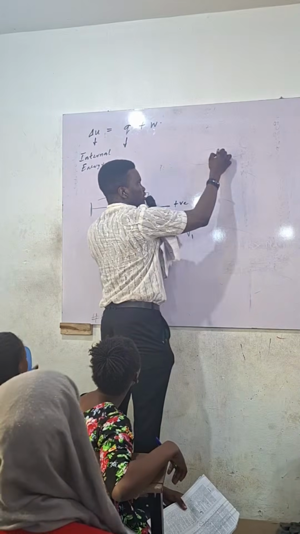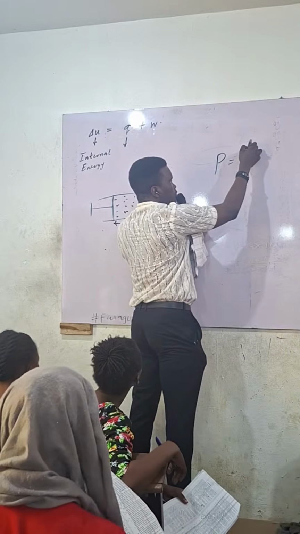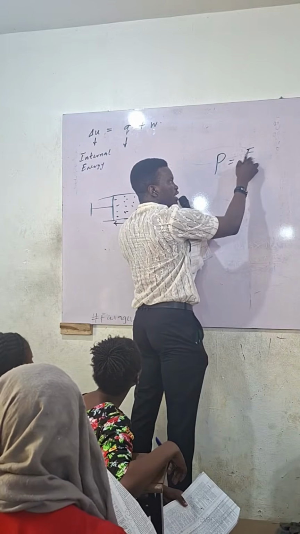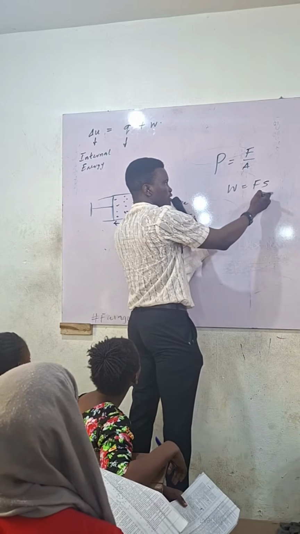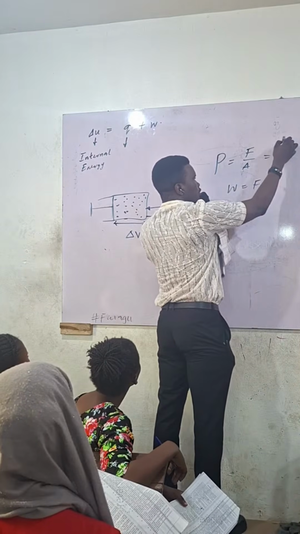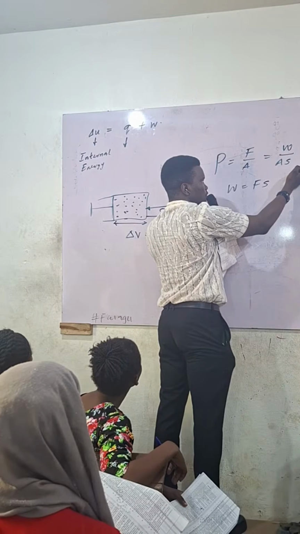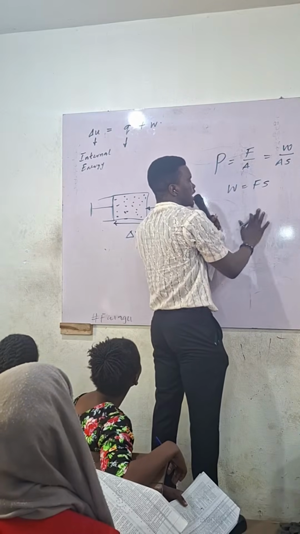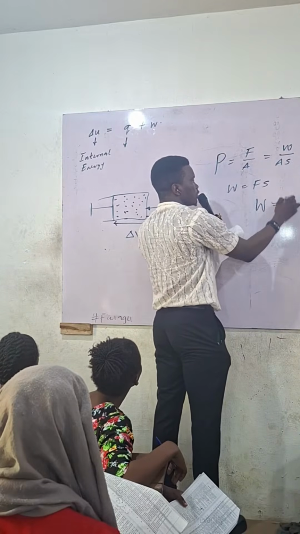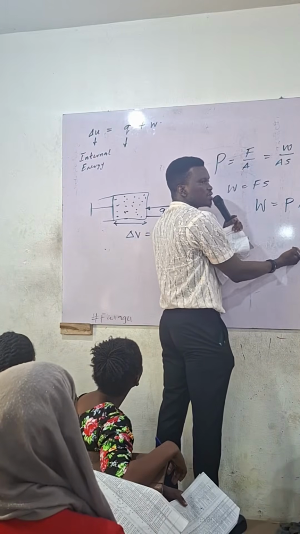Pressure is equal to force over area, right? Work done is equal to force times distance. So if force is pressure times area, then work done is pressure times area times distance. And what is area times distance?